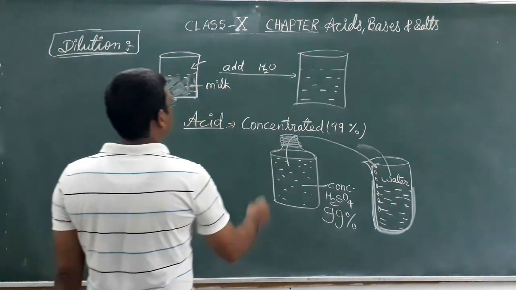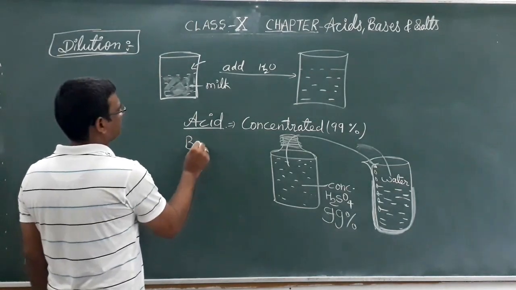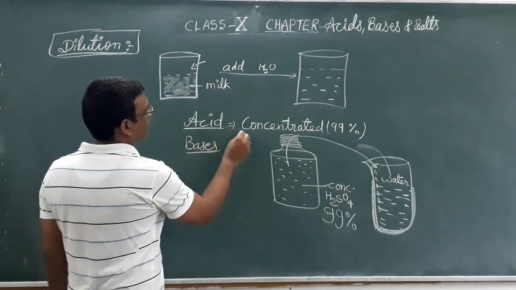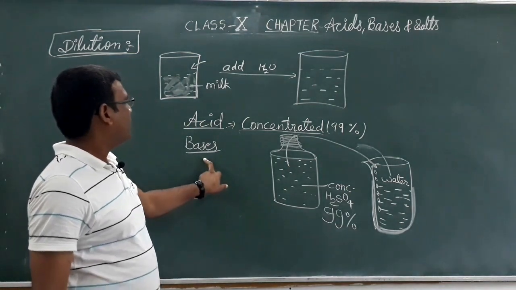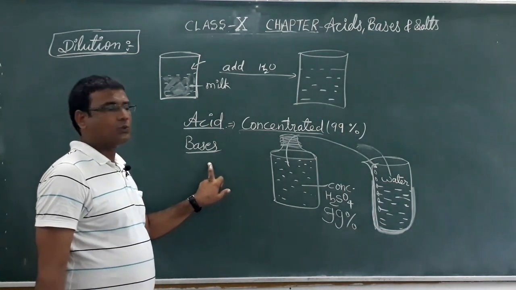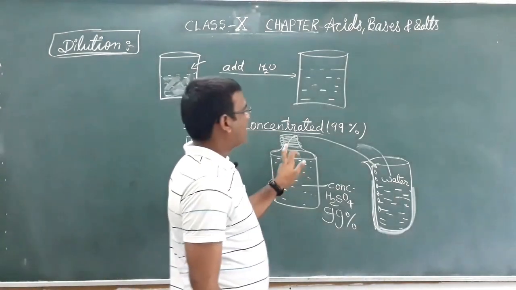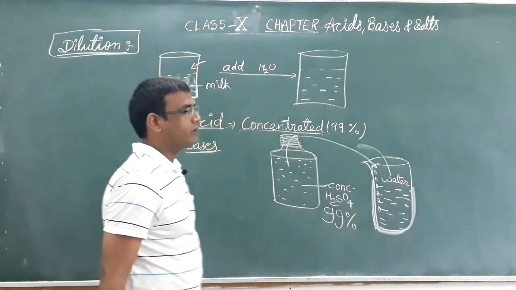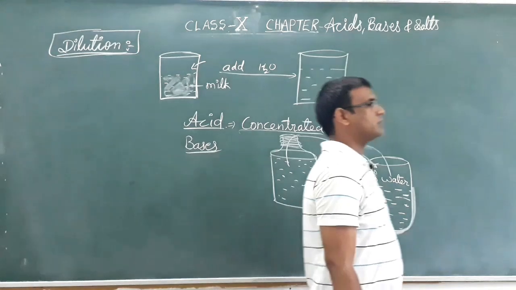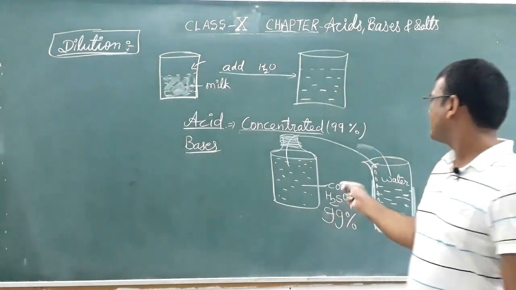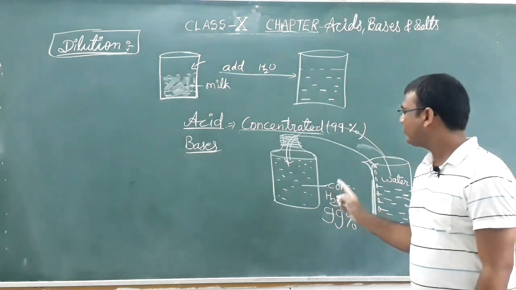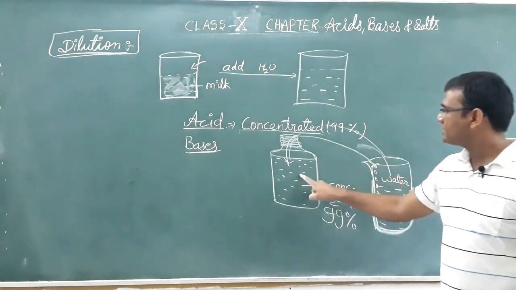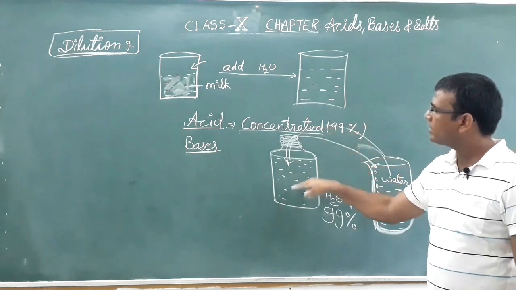The same process happens with bases also. I have taken the example of concentrated acid, but the same thing happens in case of bases also. Means bases also have to be diluted in this way. Never dilute an acid by mixing water in acid. Never dilute this acid by mixing water in it.